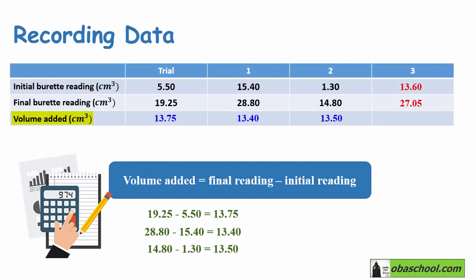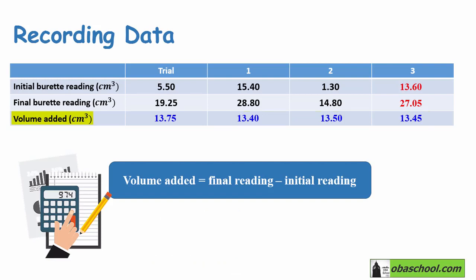And for the third run, we have 27.05 minus 13.60, and this is equal to 13.45. So the difference between these volumes is no more than 0.1 cm³. This means that our values are in agreement with each other.